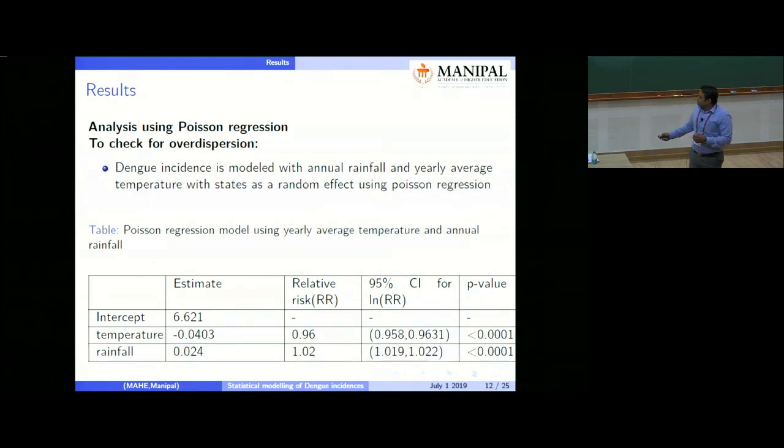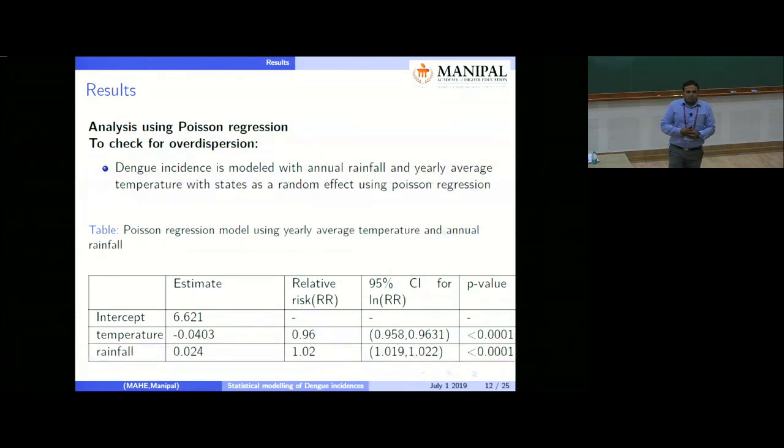You can see that both the climatic variables, temperature and rainfall, are significantly associated with the dengue incidences. And this is the relative risk. The exponential of this estimate gives the relative risk, as we have used a log link function.